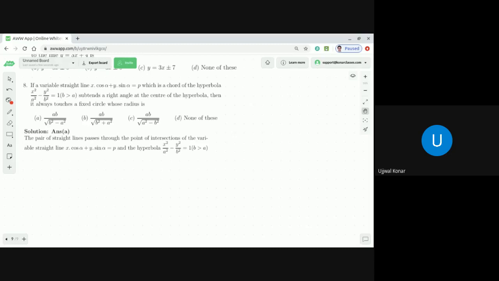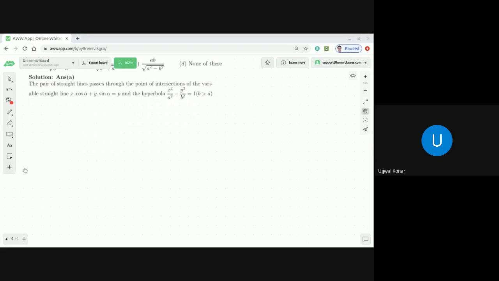Now, the pair of straight lines passing through the point of intersection of the variable straight line and the hyperbola can be represented in a second degree equation, something like this.